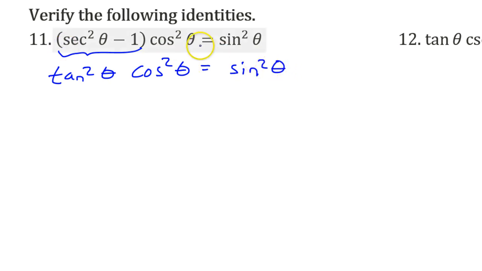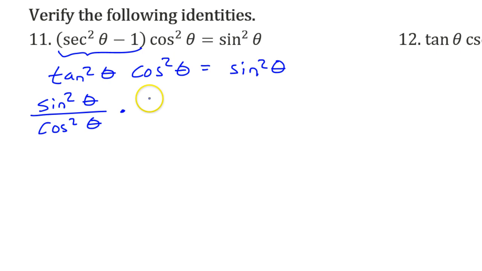So you can only work on one side of the equation or the other. I recommend picking the more complicated side and then transforming it to make it look like the simpler looking side. So what do we have? Tangent squared theta, that's the same thing as sine squared theta over cosine squared theta.